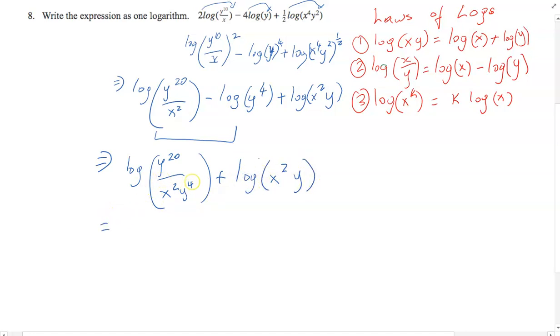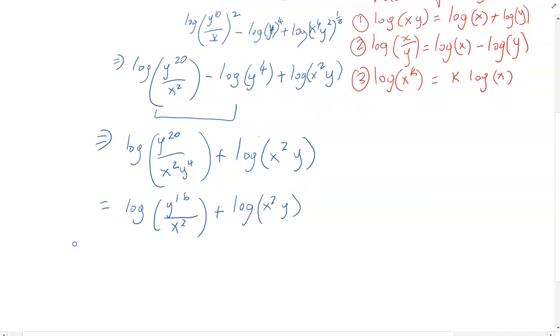Let's continue simplifying this. Y to the 20th over y to the 4th will give you y to the 16th, or 20 minus 4, which is 16, over x squared, plus log of x squared y.